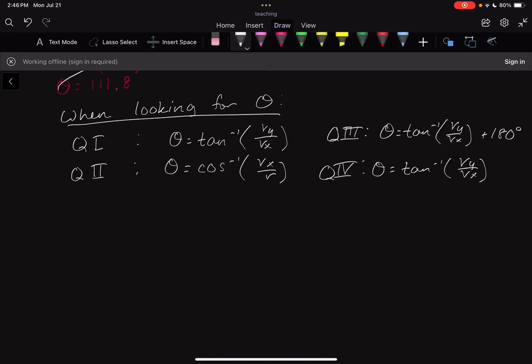Next, let's look at some operations with vectors. So changing gears a little bit.